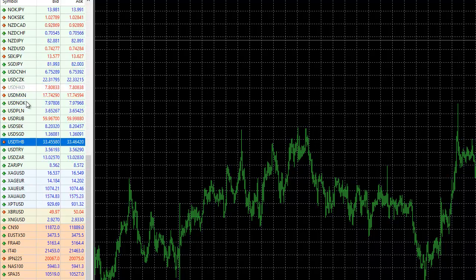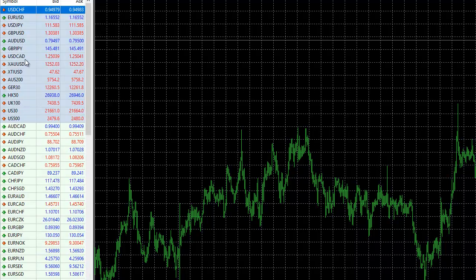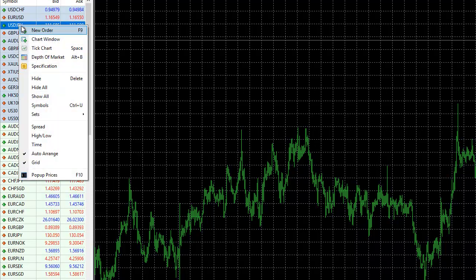As you can see, I am having 6 currencies. Basically these are the 6 major currencies. Of course there are some debates about dollar Swiss, but after what happened with the Swiss and the euro, we don't consider the Swiss as a major currency.